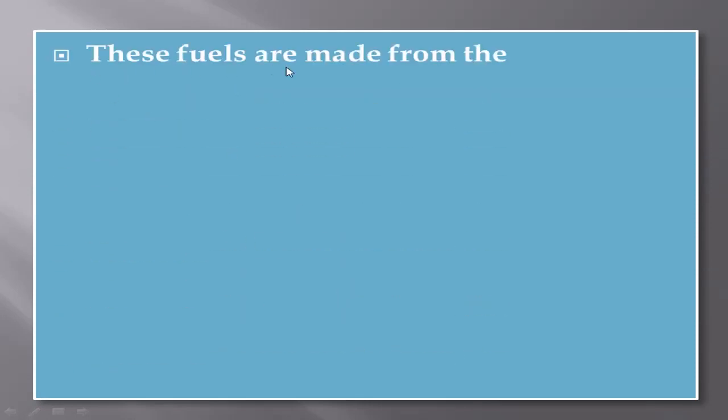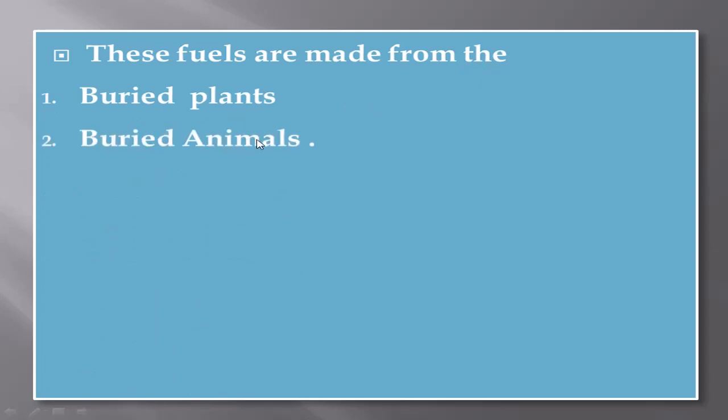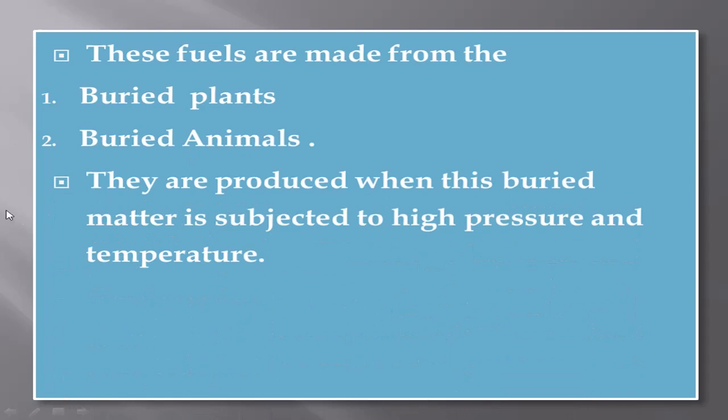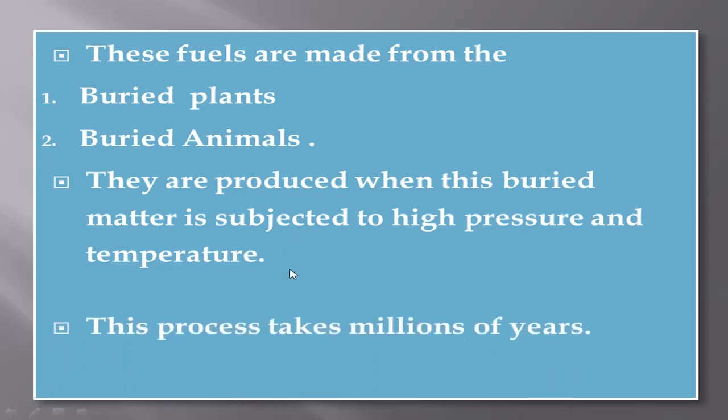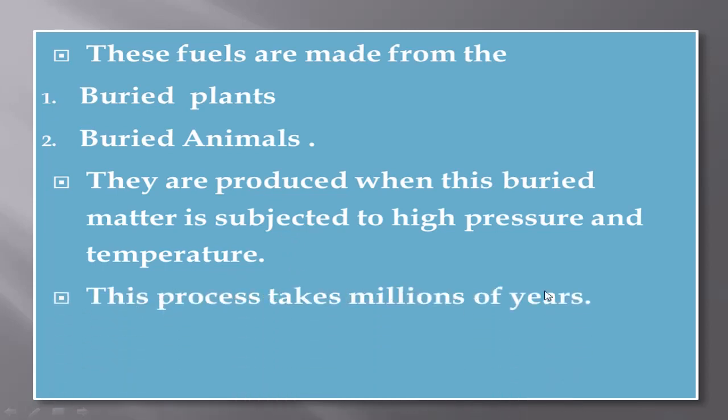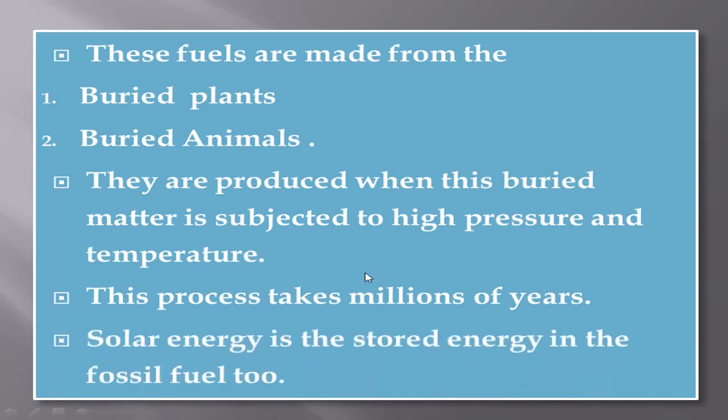These fuels are made from buried plants and buried animals. They are produced when this buried matter is subjected to high pressure and temperature for millions of years. This process takes millions of years.